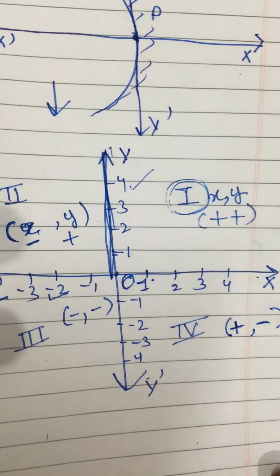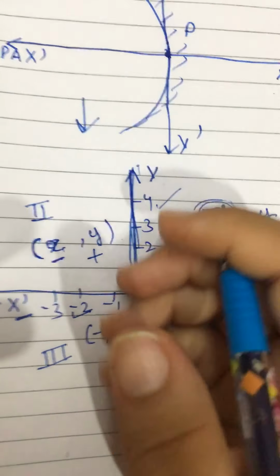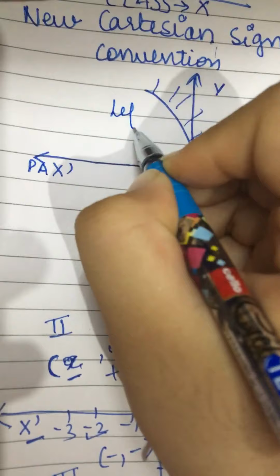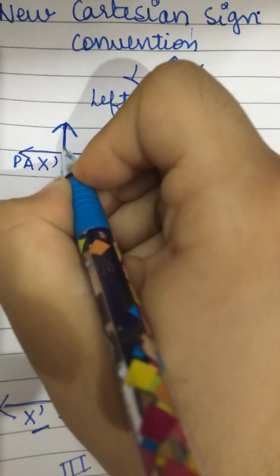So we can say that the object is always placed on the left side.